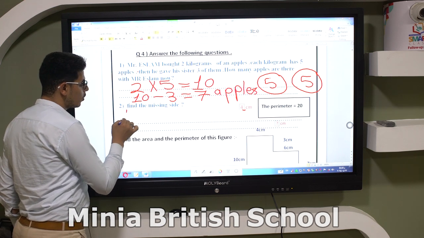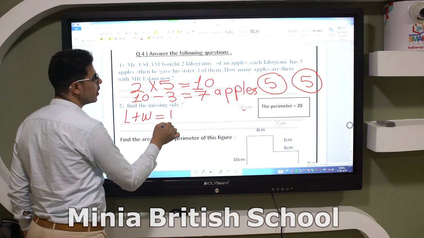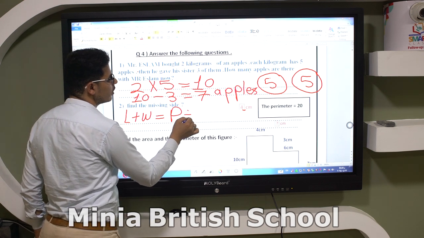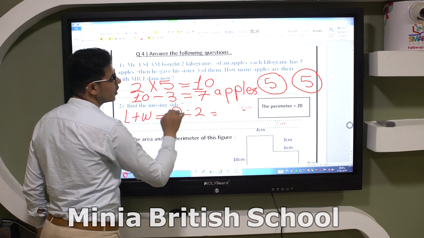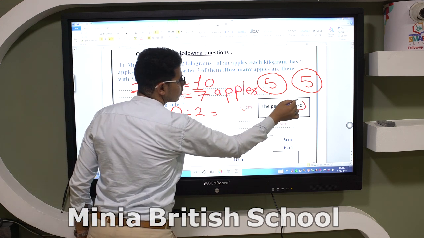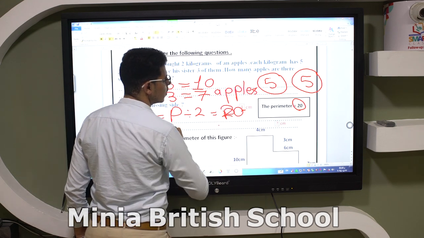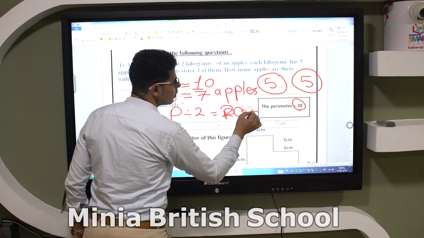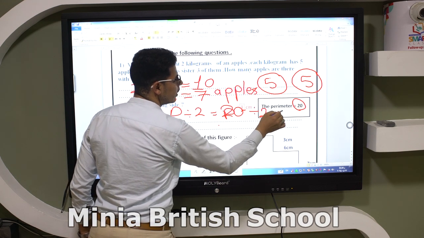So I will write length plus width equals perimeter divided by 2. The perimeter equals 20. 20 divided by 2 will be 10.